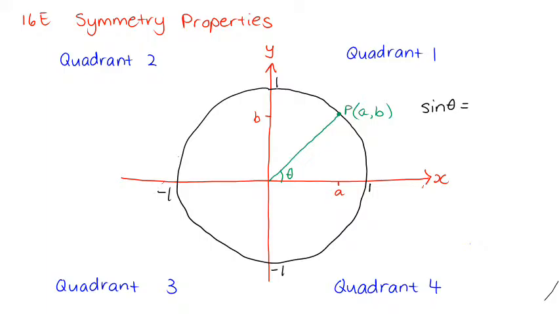X or Y? Y, but in this case it equals B. B is our Y, so we're going to say B. Cosine theta in this example equals what? A. And tan theta equals B over A. Very good.